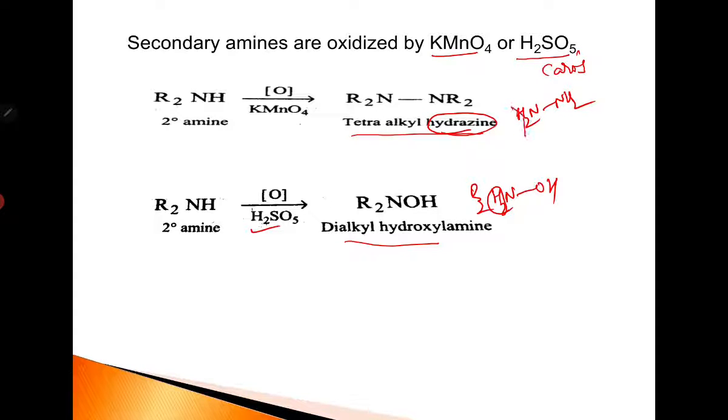If all 4 hydrogens of hydrazine are replaced by 4 alkyl groups, then it is called tetraalkyl hydrazine. So in this way secondary amines undergo oxidation with KMnO4 and give tetraalkyl hydrazine, and with Caro's acid they give dialkyl hydroxylamine.